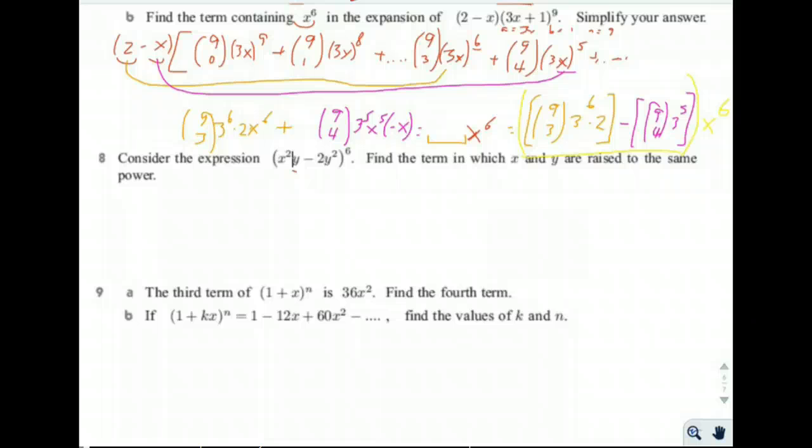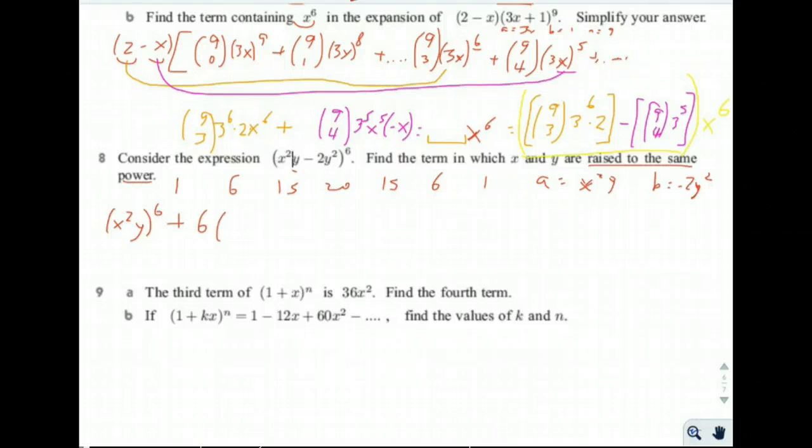Probably what you do here is you would expand this out, and you would have your Pascal's triangle, and then you would identify A as being x squared y, and you would identify B as being negative 2y squared, and then you would complete your expansion until you get to the term that has the same power for x and y, which is what they asked for.